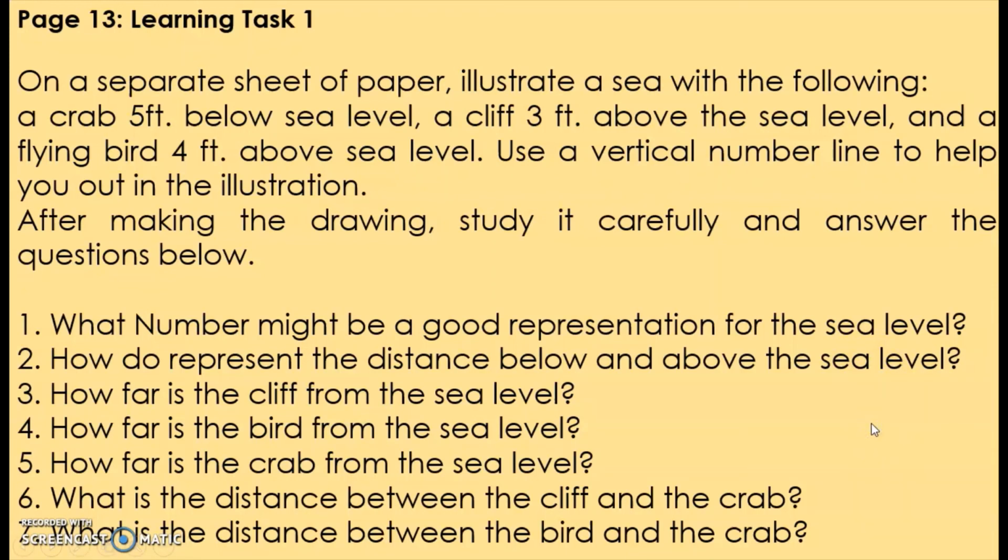So that is your first clue. The sea level is on the neutral or middle part. For any representation of the numbers, it would be better for us to place the sea level in the middle.